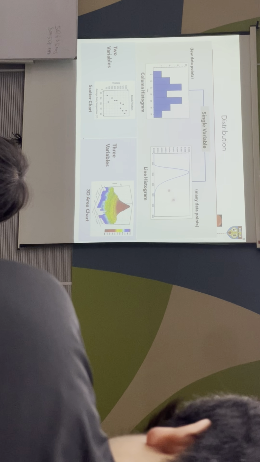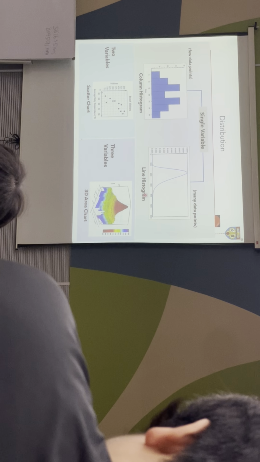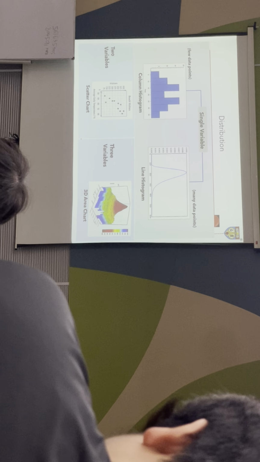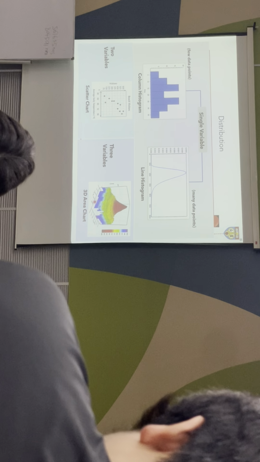So 3D area chart actually represents three variables. Two variables for the x-axis and y-axis, and another variable is sometimes represented by the height of this area and also the depth of this area.